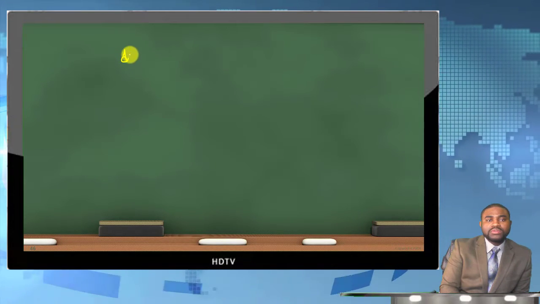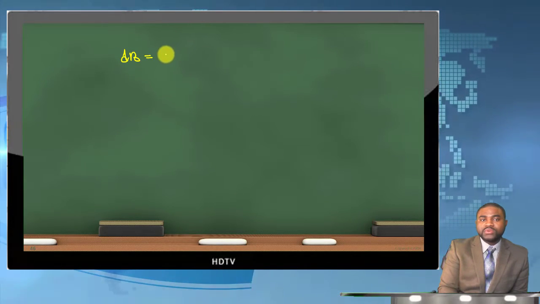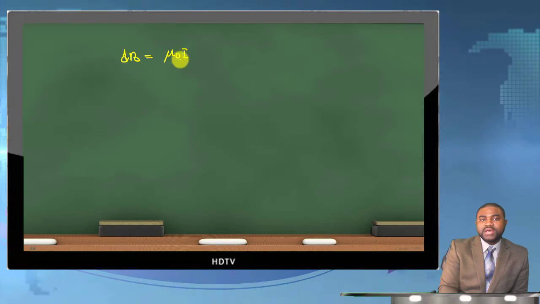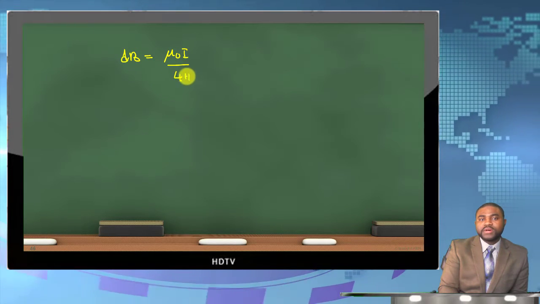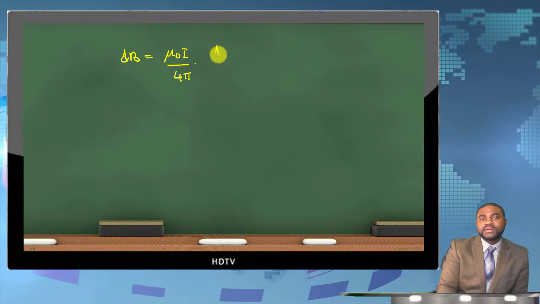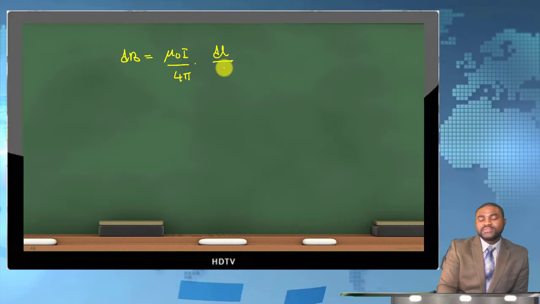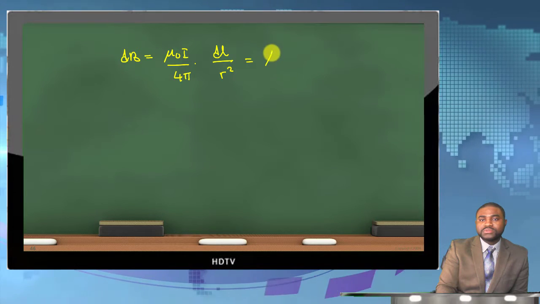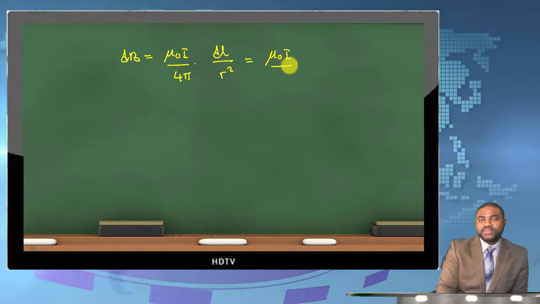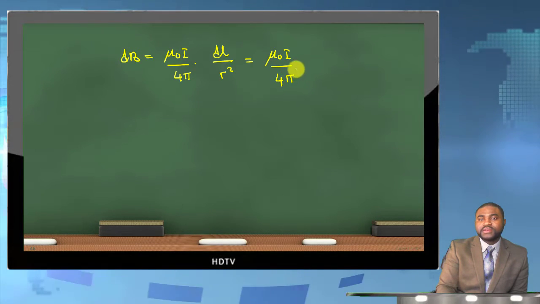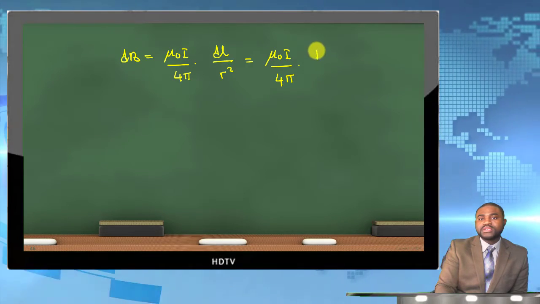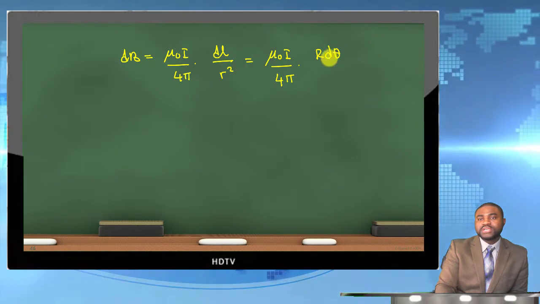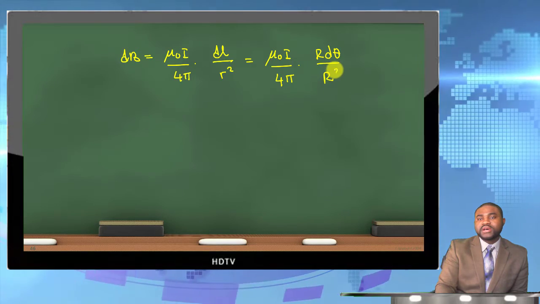So dB will be equal to mu naught I over 4 pi multiplied by dl divided by r squared, which will be equal to mu naught I divided by 4 pi, bracket dl is r d theta, all divided by r squared.